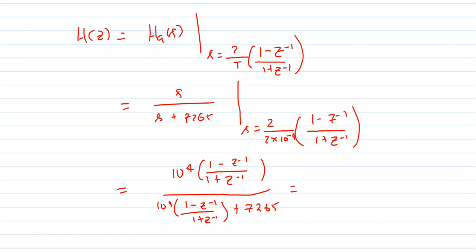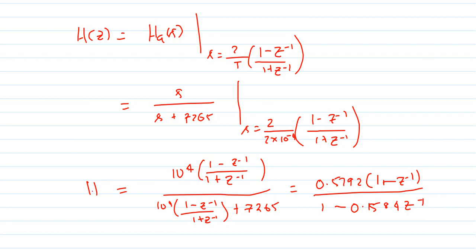If you solve for this, you'll get 0.5792 into (1 minus Z inverse) divided by 1 minus 0.1584 Z inverse, after you cross multiply, add, and do all those subtractions. This is my final H of Z.